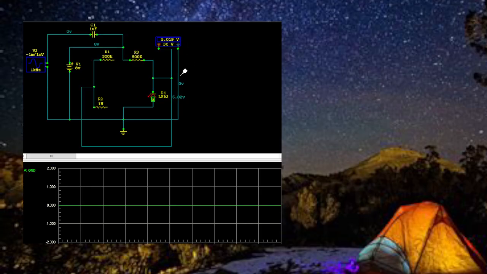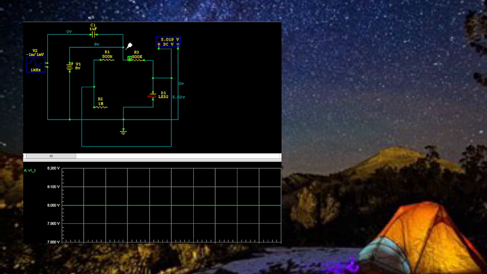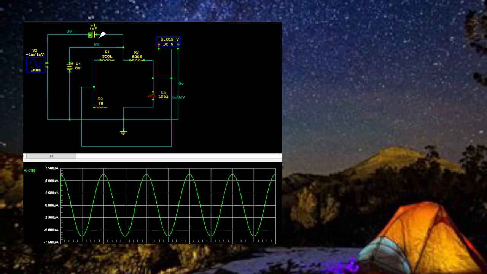So it says 5.02 volts there. So there's a problem. Oh, you know what? This is not what I'm supposed to do anyway. I'm supposed to have an LED on the other side with this.